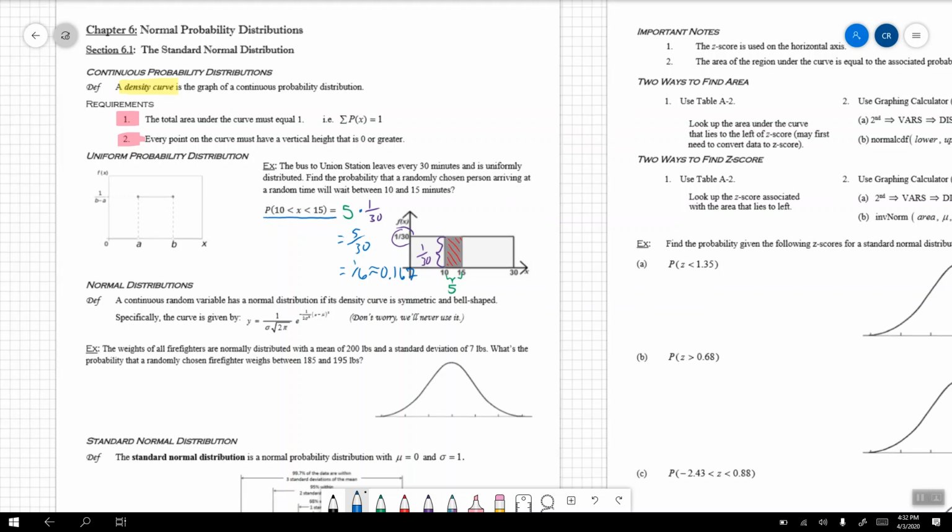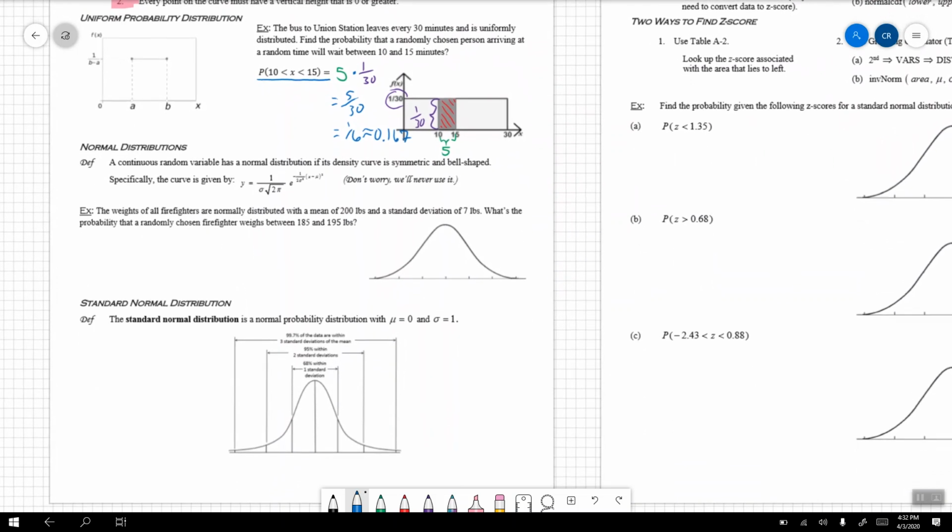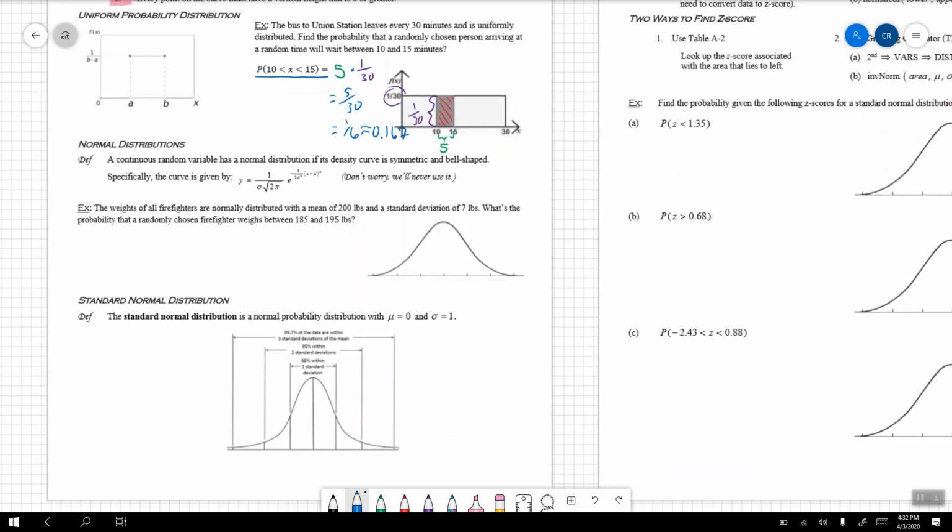Typically, when we work with probability distributions, it's rare to have these uniform probability distributions. And if you remember back in Chapter 2, when we were discussing the different shapes that distributions can take, uniform was one of those options. Now, a normal distribution, this is one that we want to focus on.